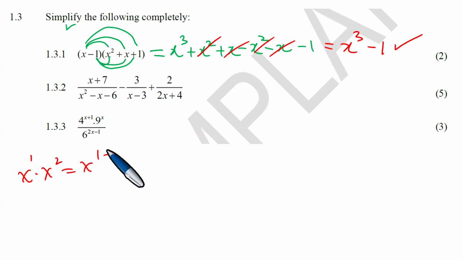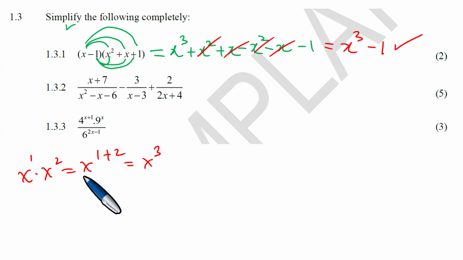So that becomes 1 plus 2, and the thing becomes 3. We added the powers 1 and 2, and then we got 3. You get the point?